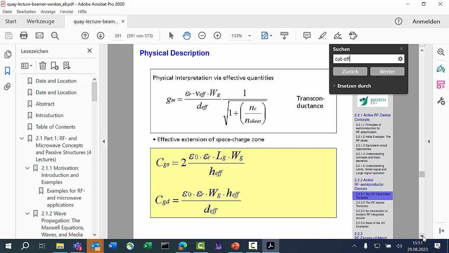So if you increase the transconductance, how can you do that? There's only one way. You can select the right materials, so you have a good effective carrier velocity. And there's an effective distance. So you can control the current better if you make the distance between the gate contact and the channel shorter.